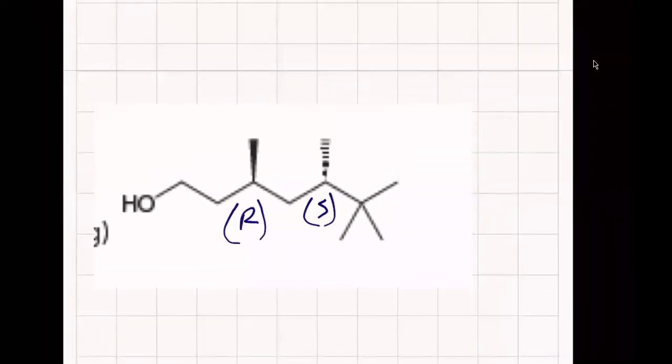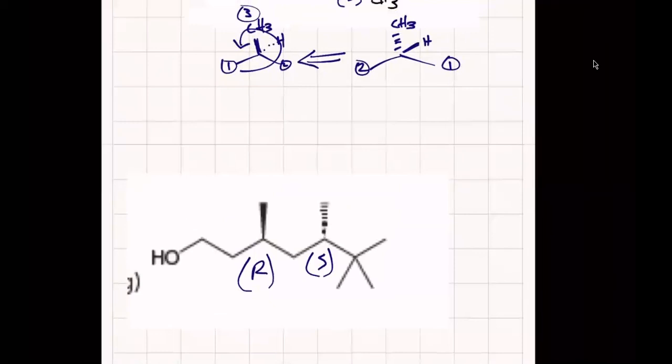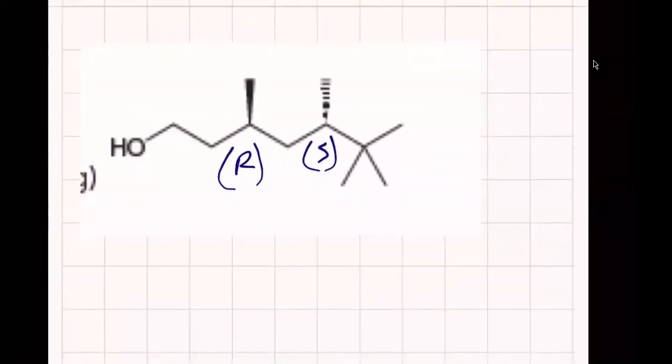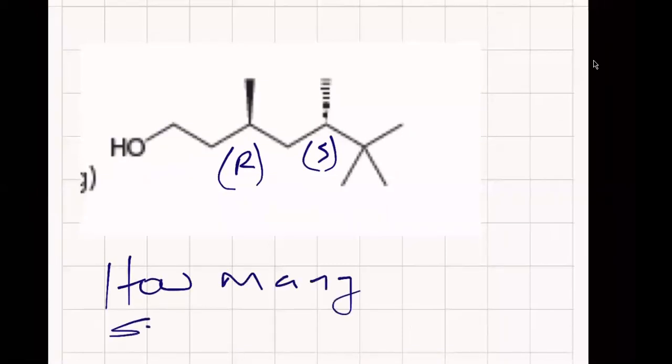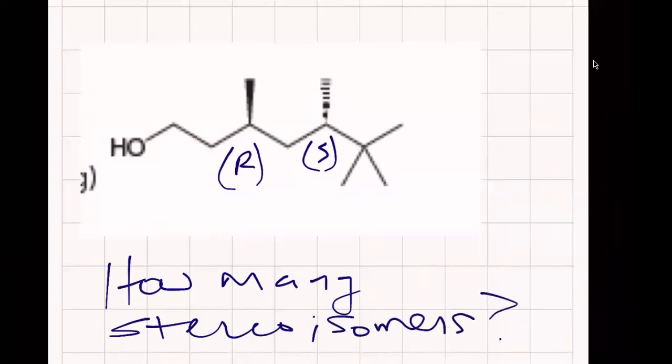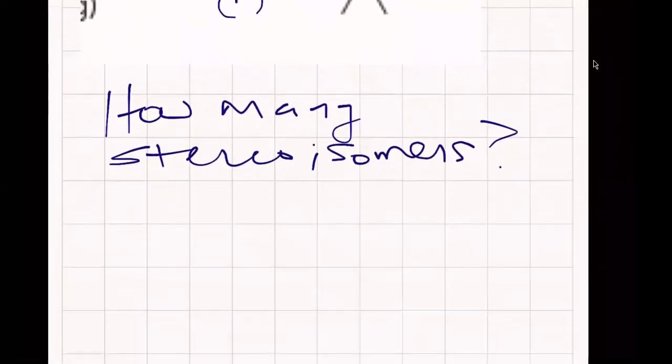Now let's push it. How many stereoisomers are possible for this molecule? Let me write that question down. I heard somebody say it already. Boy, y'all on fire today. How many stereoisomers? 4. Right? Because it's got 2 stereocenters.